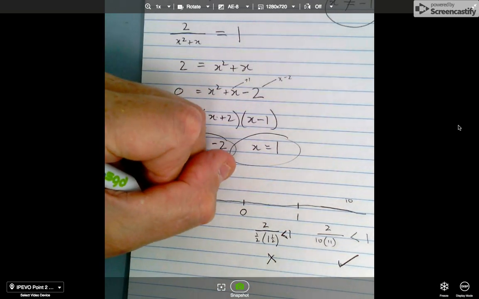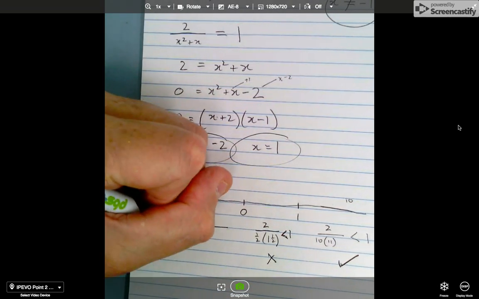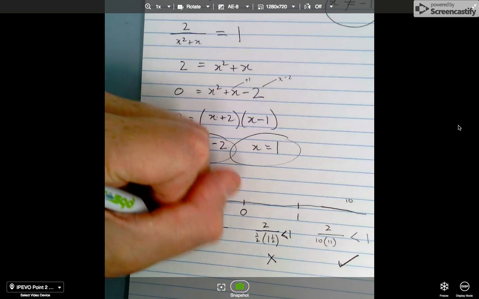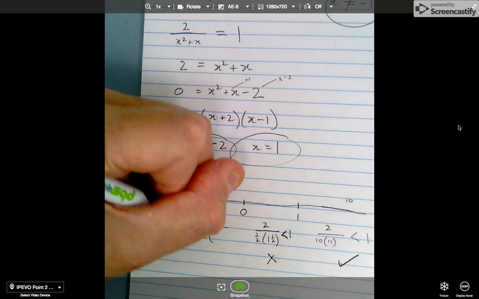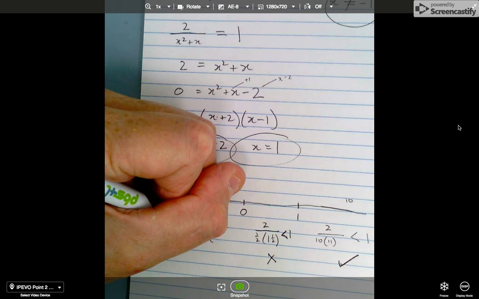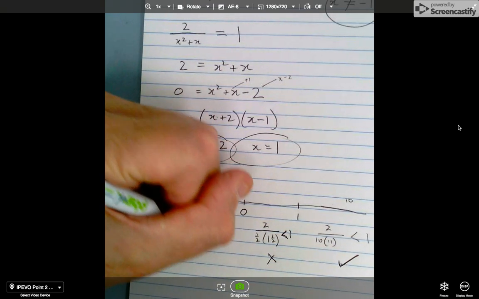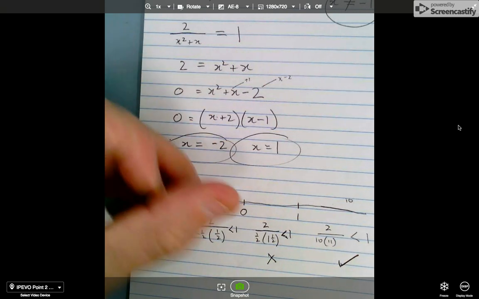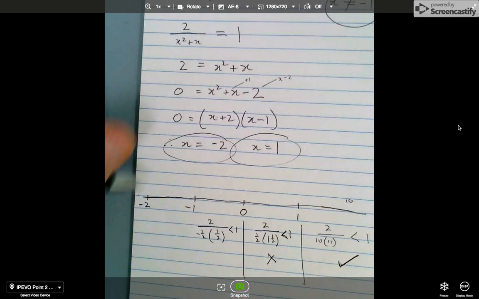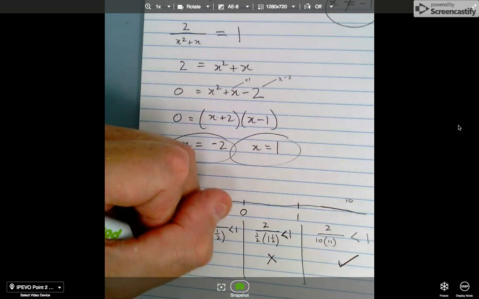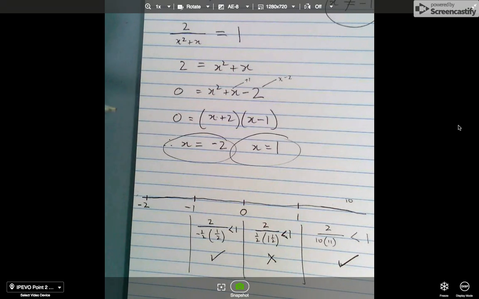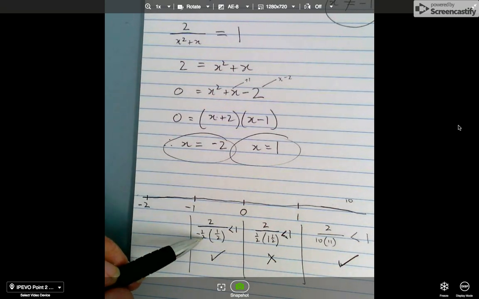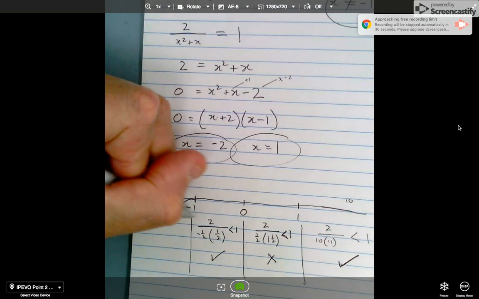Here we've got 2 over minus a half times minus 1 plus minus a half plus 1 is going to be a half. Is that going to be less than 1? And what you have there is that's going to be a yes. Okay, because you're going to have a positive divided by a negative. So remember, these are the critical values.